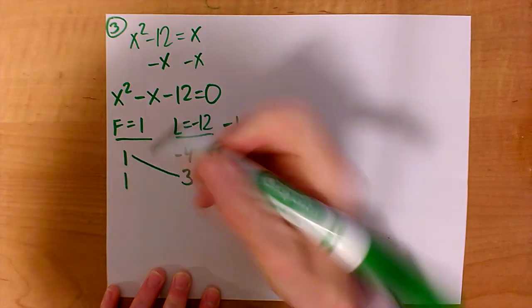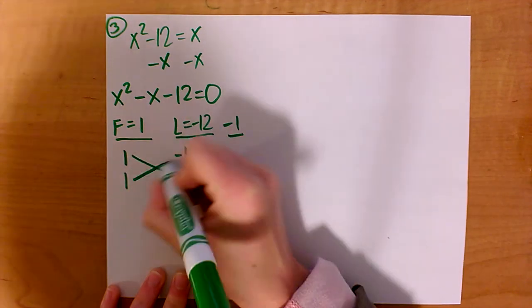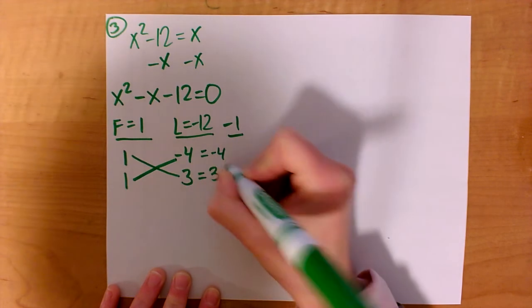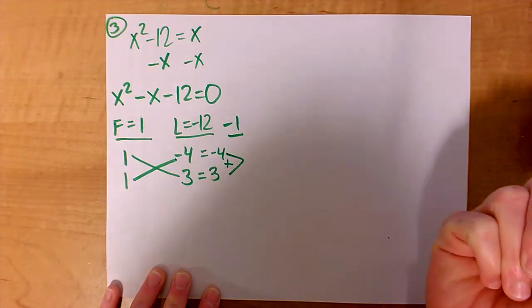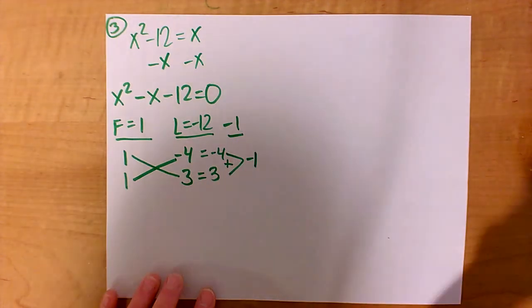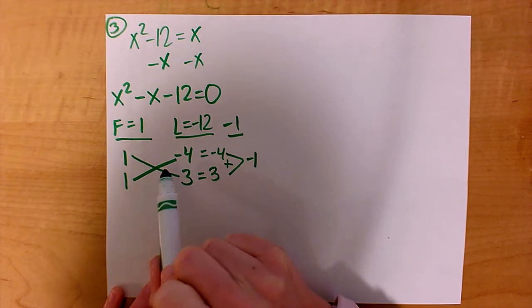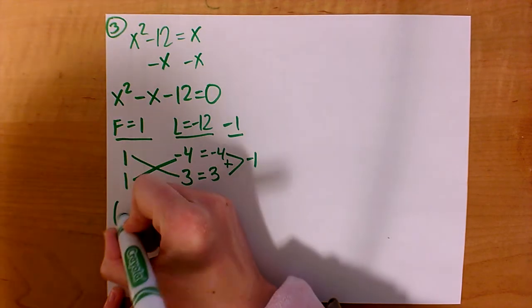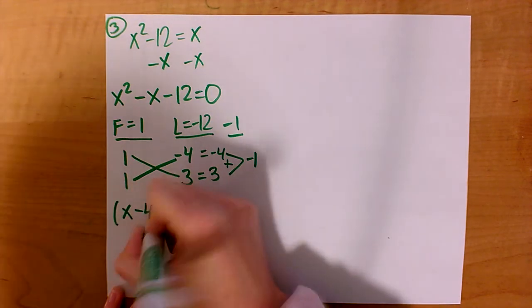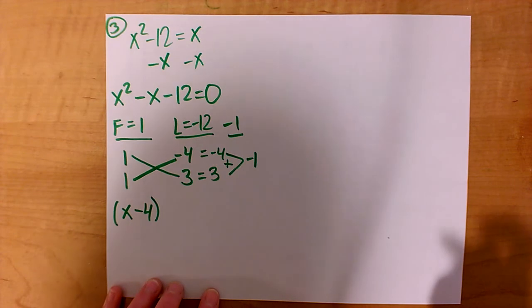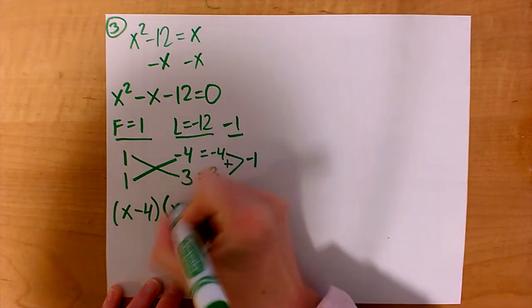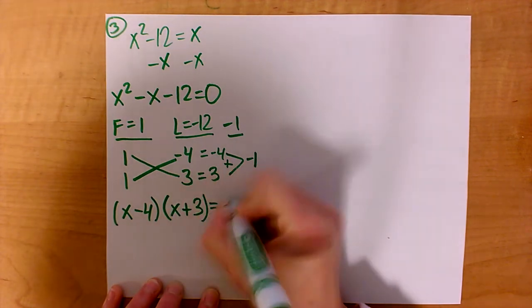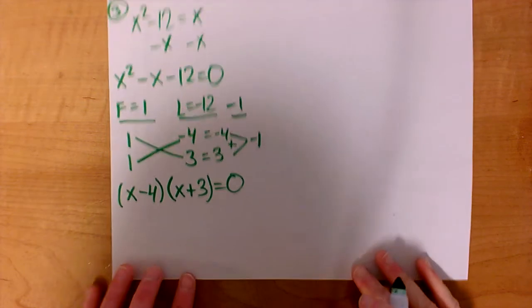So if we cross multiply, 1 times 3 is 3. 1 times negative 4 is negative 4. Add those up, and negative 4 plus 3 is a negative 1. So 1 and negative 4 are going to be a pair, and that will make the factor 1x minus 4. And then 1 and 3 are a pair, and that will make the factor 1x plus 3, and that's all equal to 0.